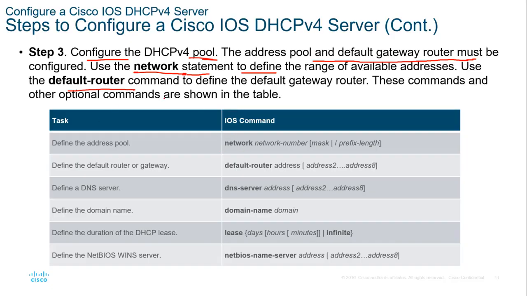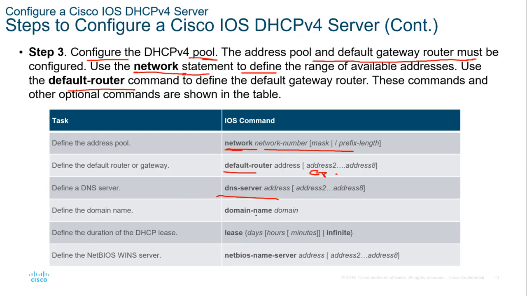So within step 3, these are the pieces of information that we need to provide. Network, you state the network where the IP addresses are going to be generated from. The default router, that is the default gateway, the address that is going to be assigned as the default gateway address.